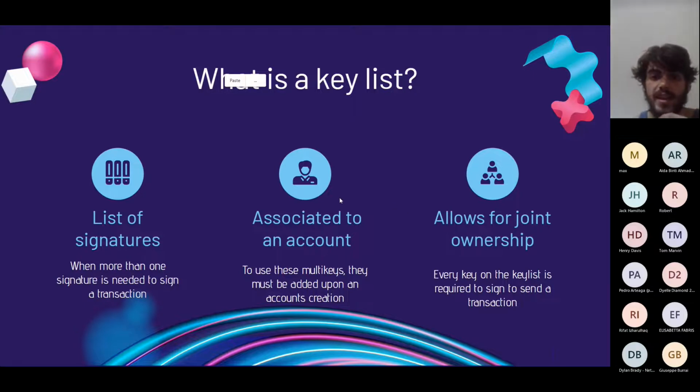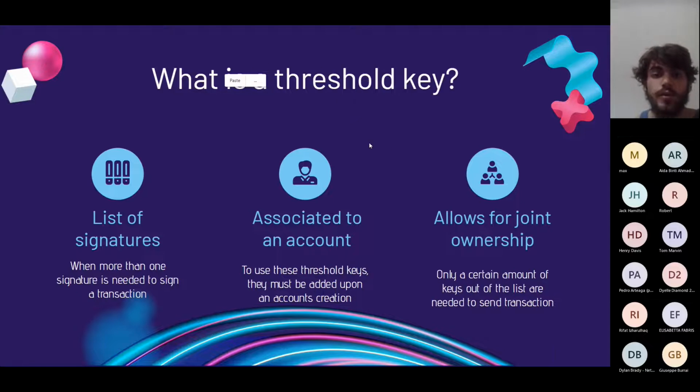Now, there's another type of key list, which is called a threshold key, which is very similar with one small difference. Like with the normal multi-key list, it still allows you to have an account which requires multiple signatures in order to submit a transaction.